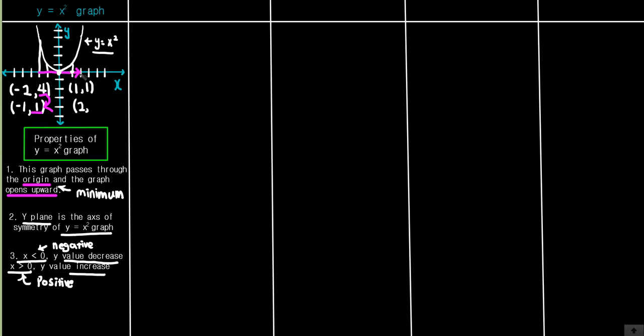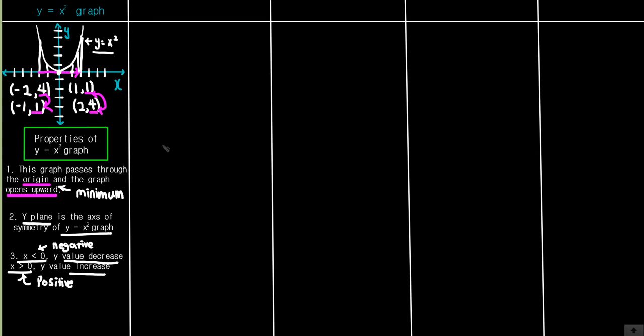When the x value is positive 2, it looks like it approximately hits positive 4 for the y value. So we can clearly see that the y value was 1 at first, but right now it is 4, which means it increased 3 times. So we actually proved our properties of the y equals x squared graph.